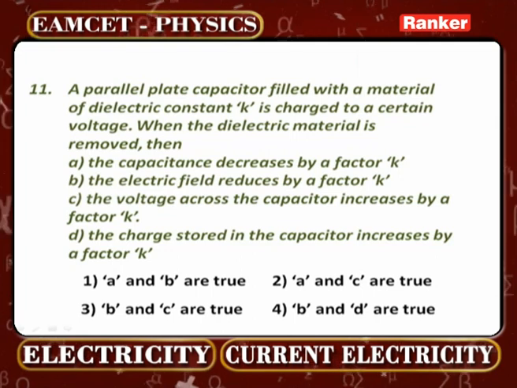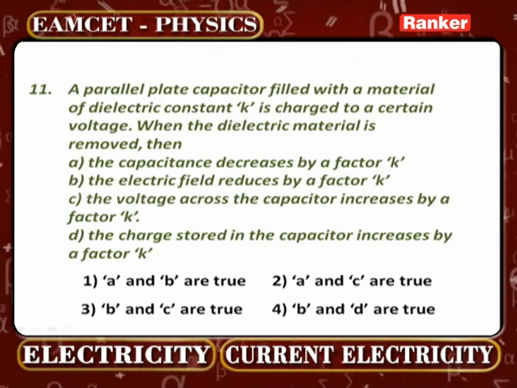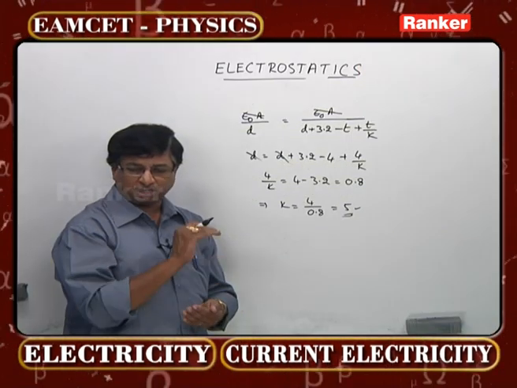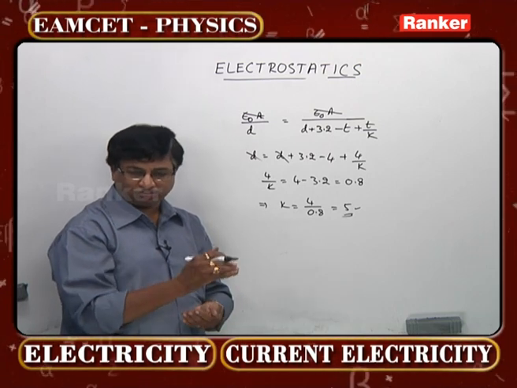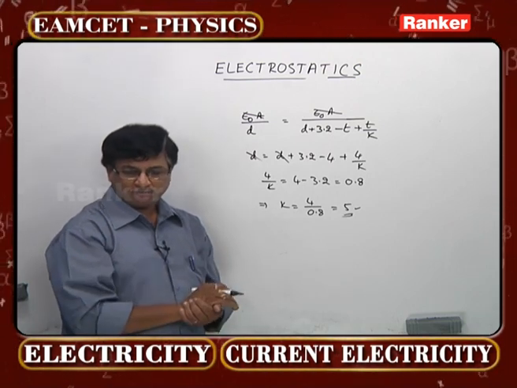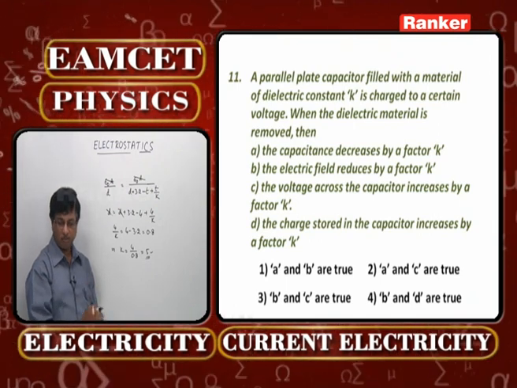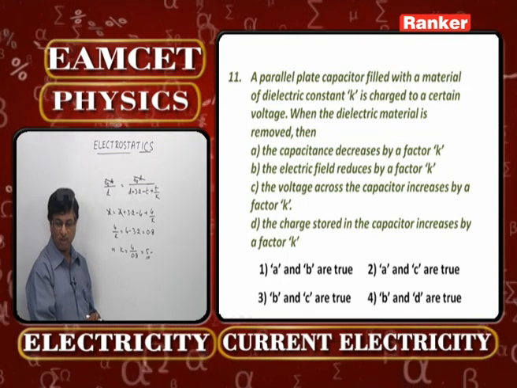The capacitance decreases by a factor K. So A is supposed to be correct. Electric field strength reduces by a factor K. In fact, electric field strength does not reduce, it increases. So second B is wrong. The voltage across a capacitor increases by a factor K. That is exactly correct once again. The charge stored in the capacitor increases.